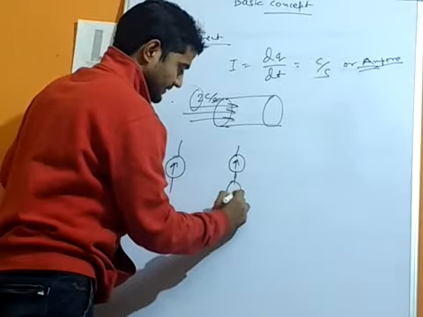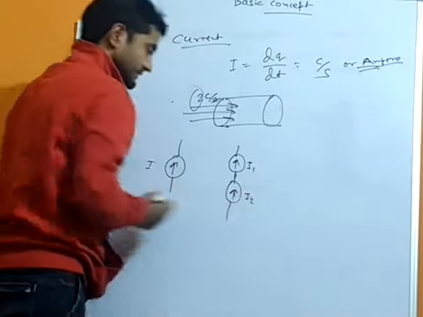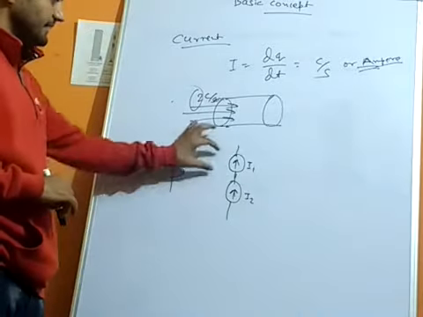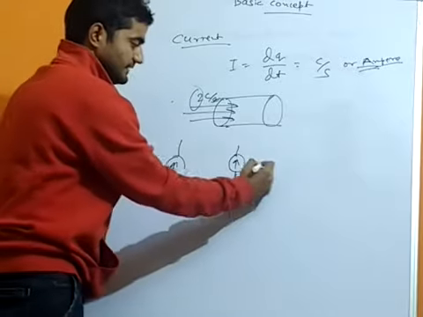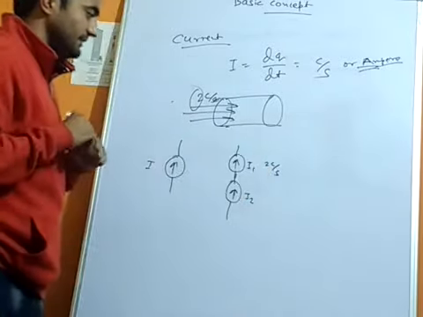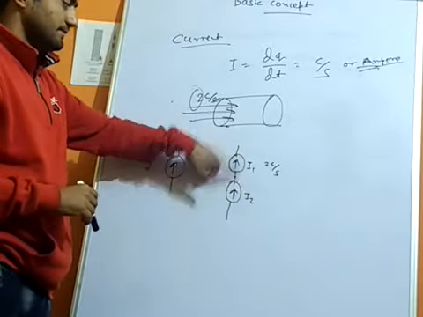Let's see. The two current sources are connected in series. So when two current sources are connected in series, what happens? If I consider that 2 coulomb per second of charge is flowing, then from this point to this point, this much charge is flowing.